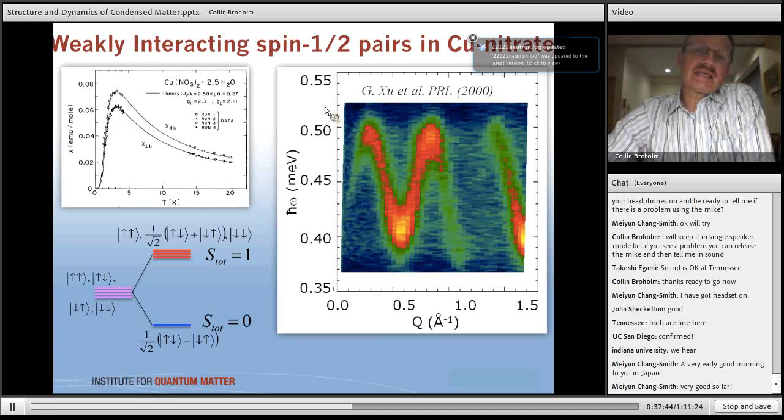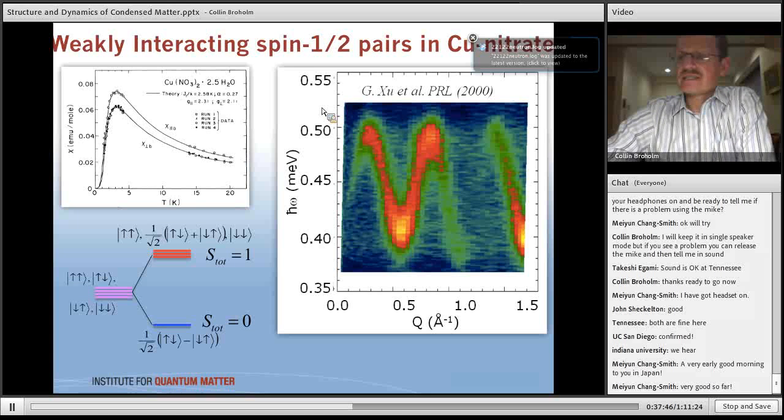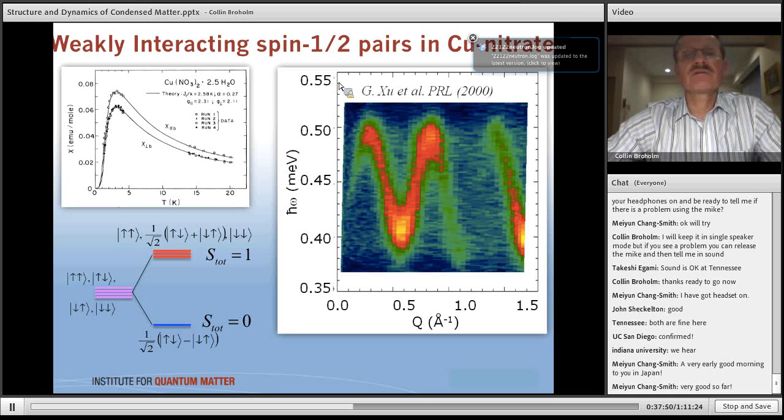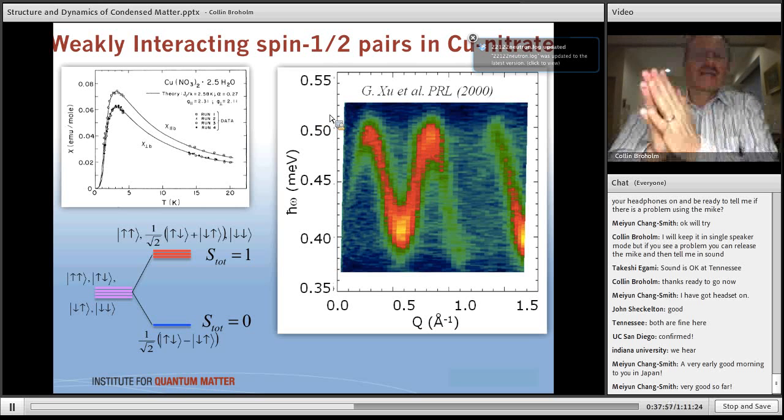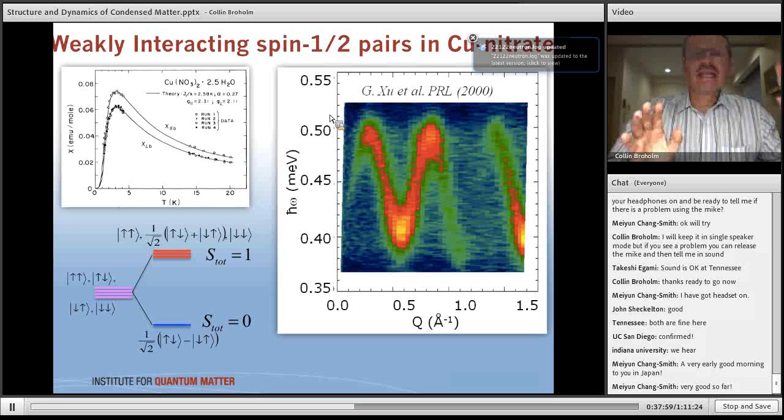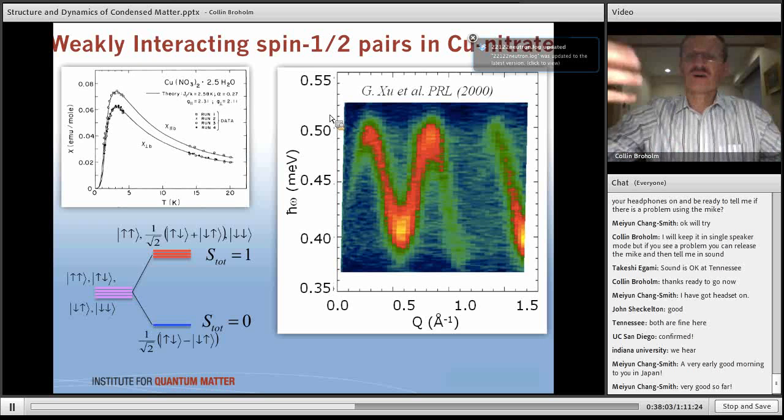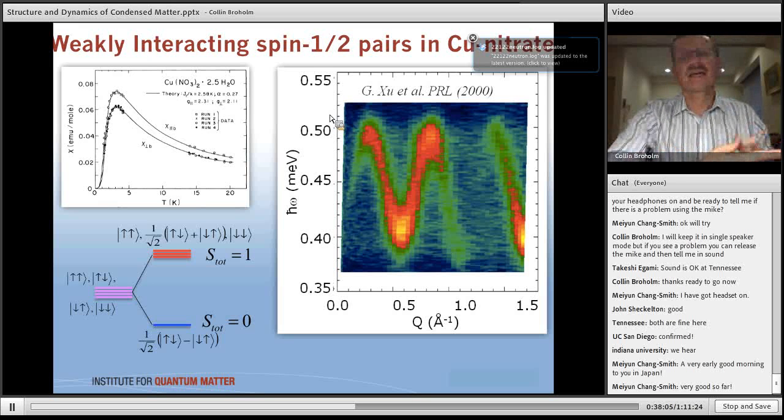Now, I've written the expression as it would pertain at temperature equals 0, because at temperature equals 0, according to the detailed balance expression, which I hope you remember, there cannot be any scattering on the negative energy side, right? Because there's no quasiparticle to annihilate when I'm sitting at T equals 0. So that's why I wrote an expression which only has a finite value when omega is positive.